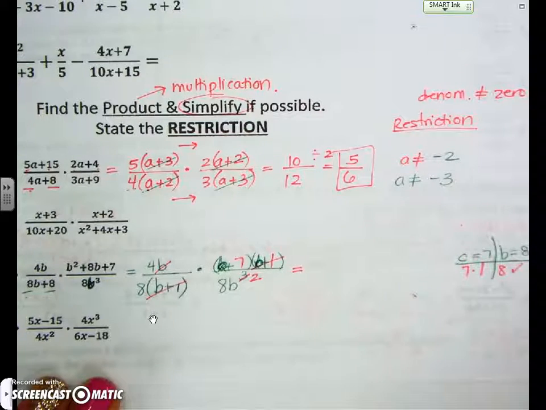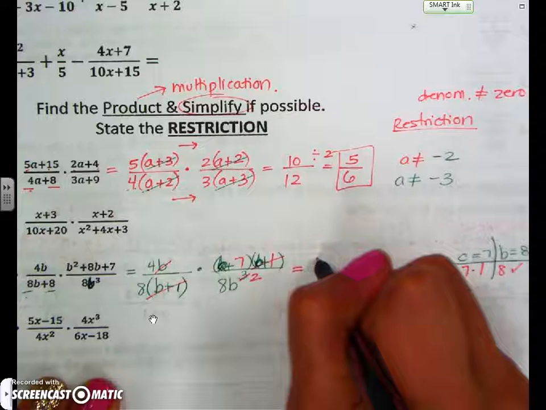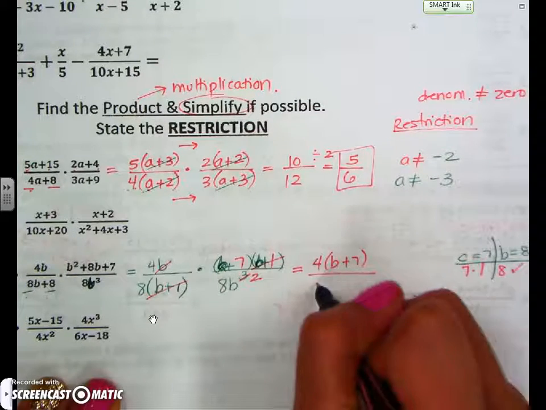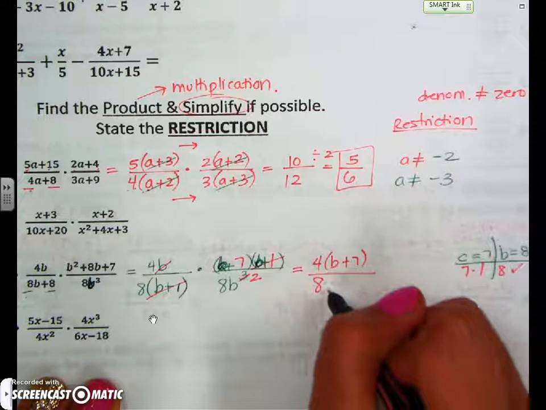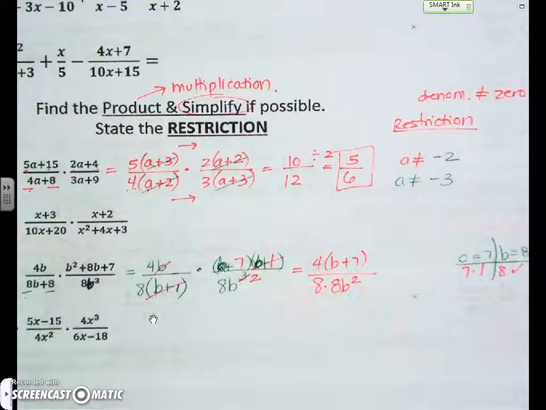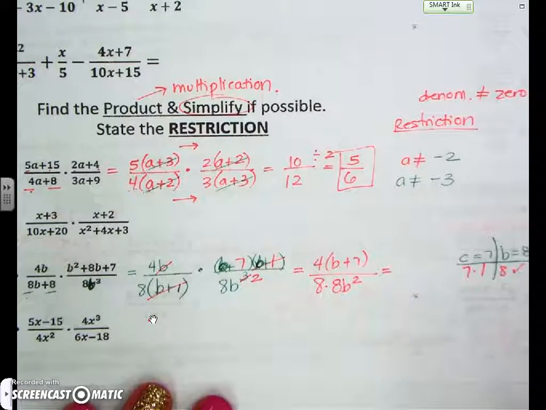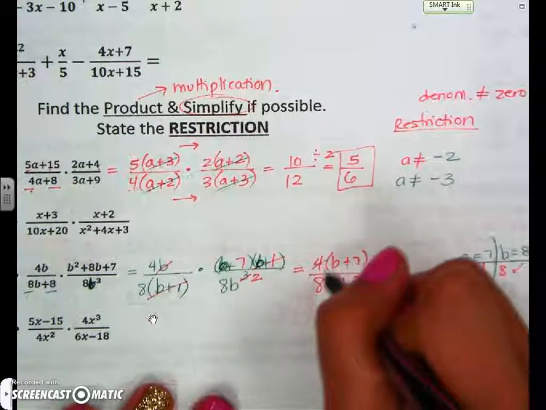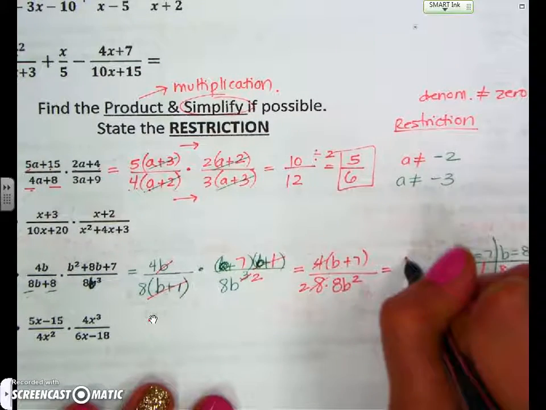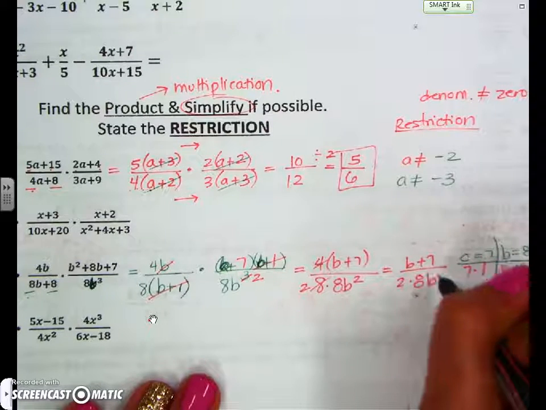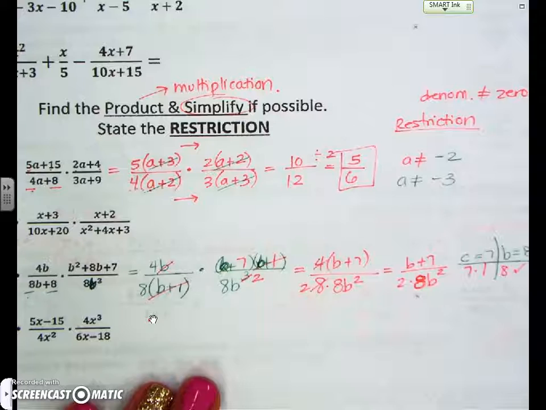And this should multiply straight across, okay? 4 times b plus 7 over 8 times 8b squared. Can I reduce anything else? Can 4 go into 8 or 8 go into 4? Yeah, so I'm going to reduce this. So I'm left with b plus 7 over 2 times 8b squared. And that's as low as we can go.